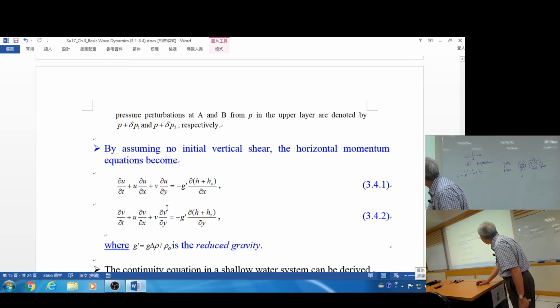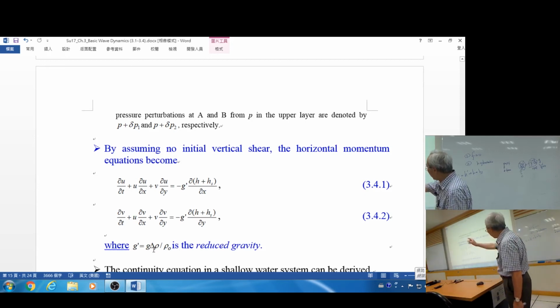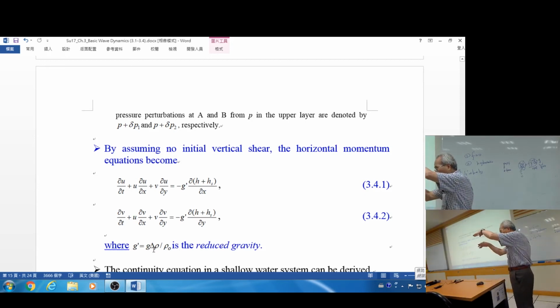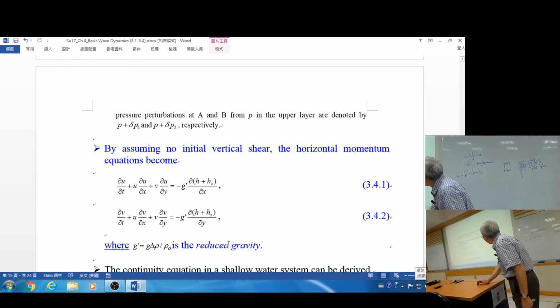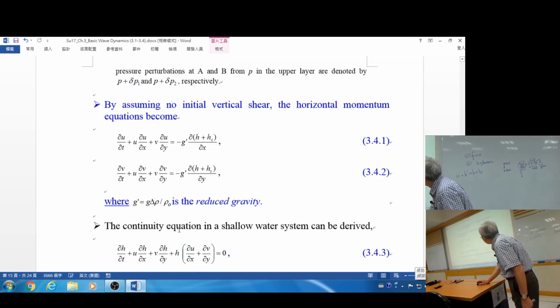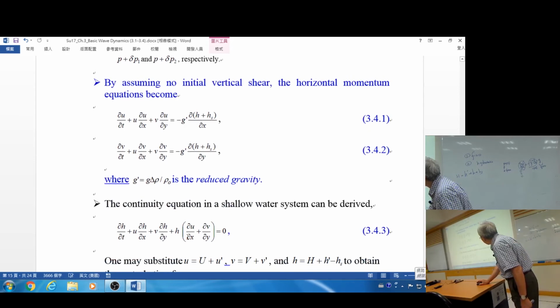And g prime is equal to g times delta rho divided by rho naught. Delta rho is rho naught, the lower layer, minus the upper layer one, rho 1. That's called reduced gravity. And the continuity equation can be written in this way.